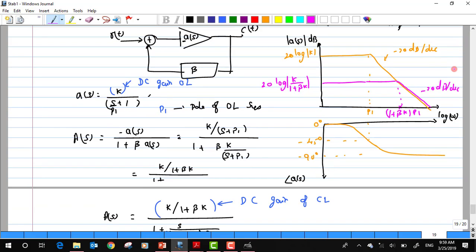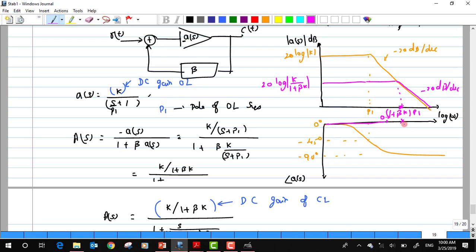But what about my phase plot? Is it really difficult to answer? You see, this is the pole location of my closed loop system. Now similarly, I will also have a pole at the same spot, right? So this is my new pole, and due to this, till I reach 0.1 times of whatever value I had, I will have a 0 degree phase shift.